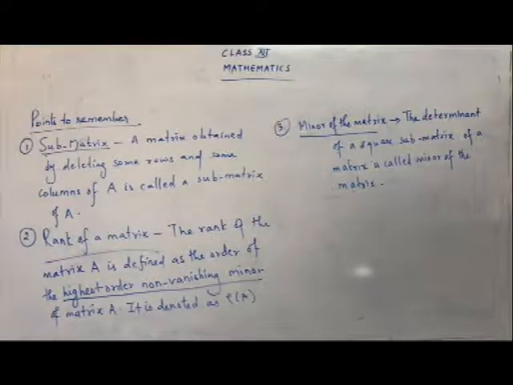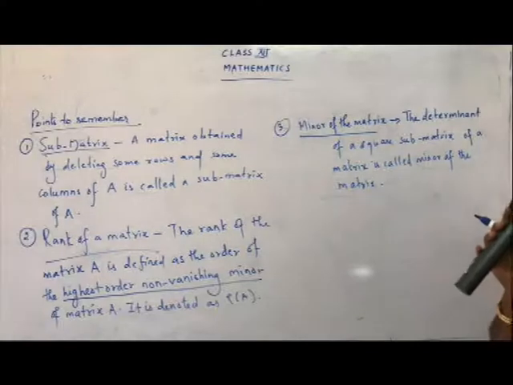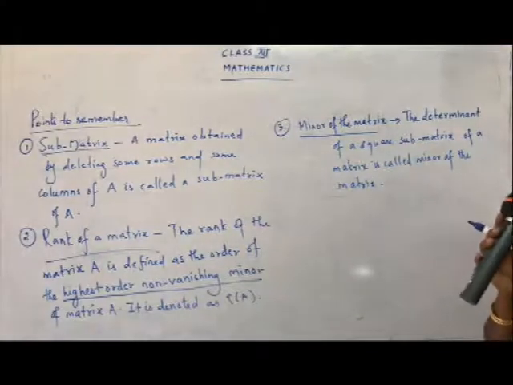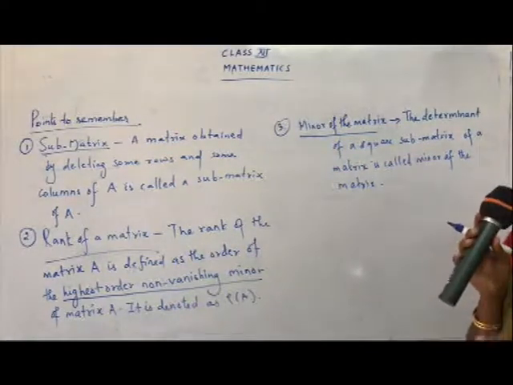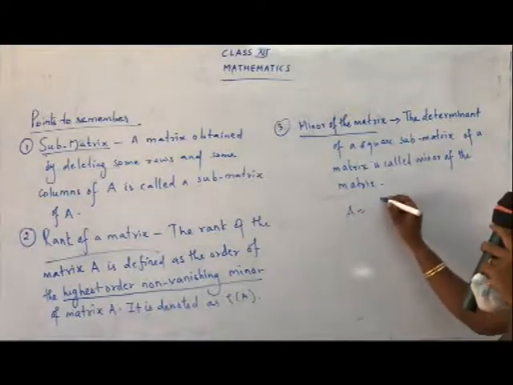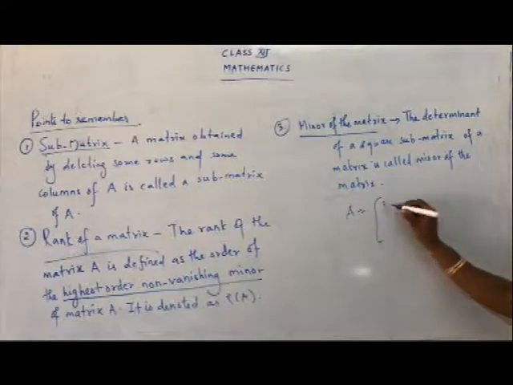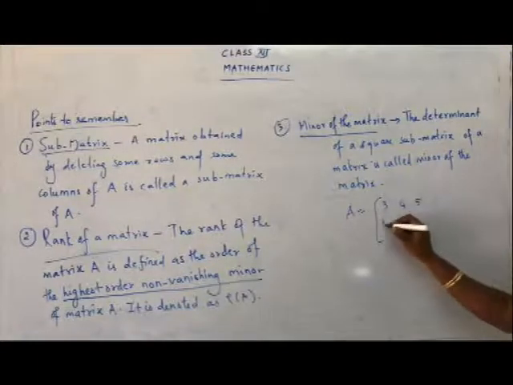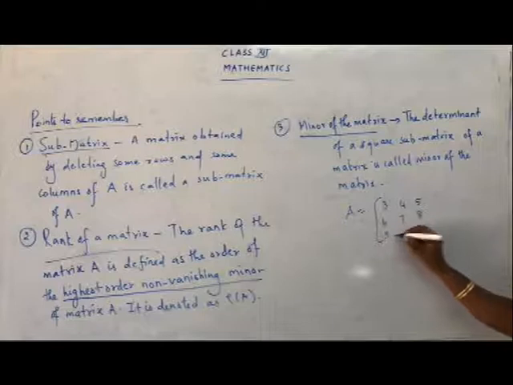Okay, children? Listen to the statement. Let's understand the statement. Already I hope that you are clear with the first part. How do you get a submatrix? A matrix which is obtained by deleting some rows and some columns. I have already given you one example. Suppose we were having a matrix A with the members 3, 4, 5, 6, 7, 8, 9, 10, 11.